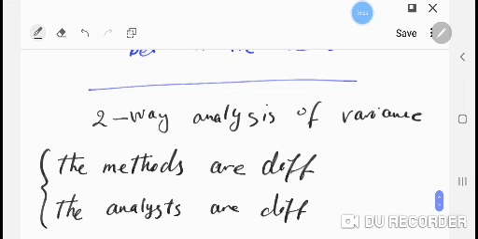It is called for the analysis of this variance, we should use two-way analysis of variance.